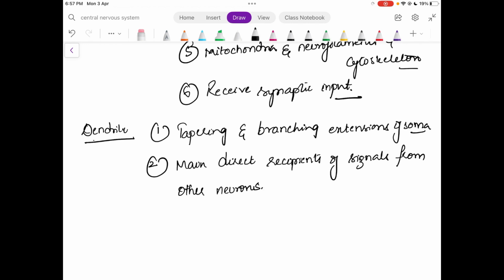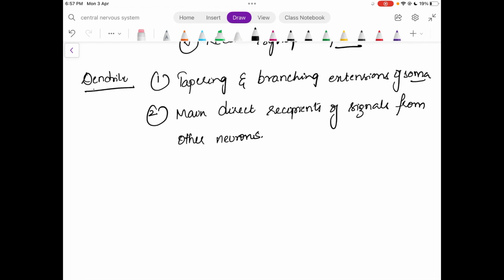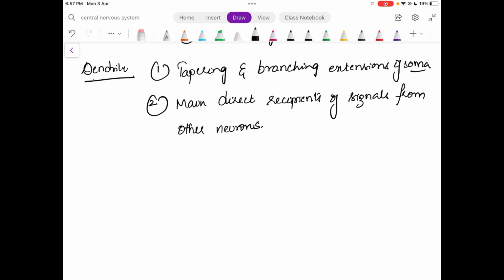So they will receive the signals and they will integrate and they will give it to the soma.